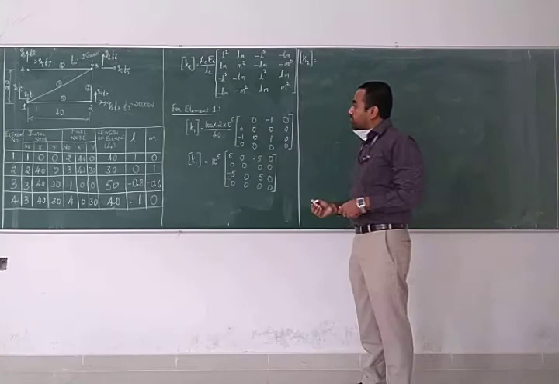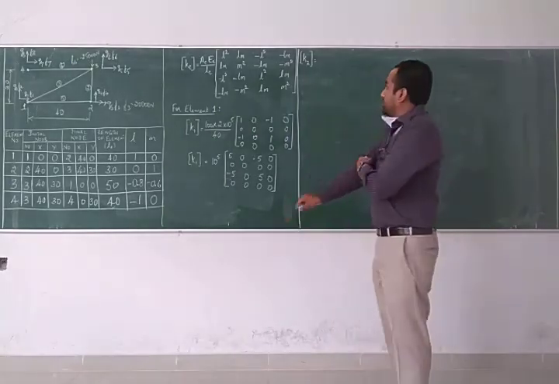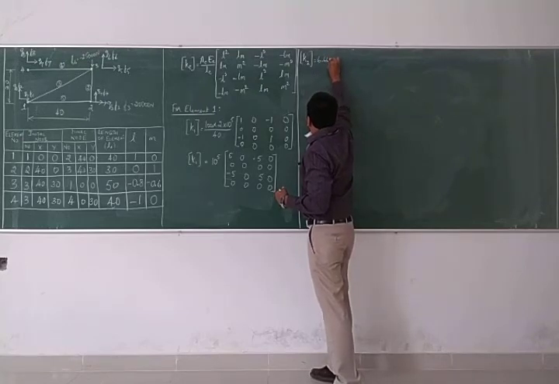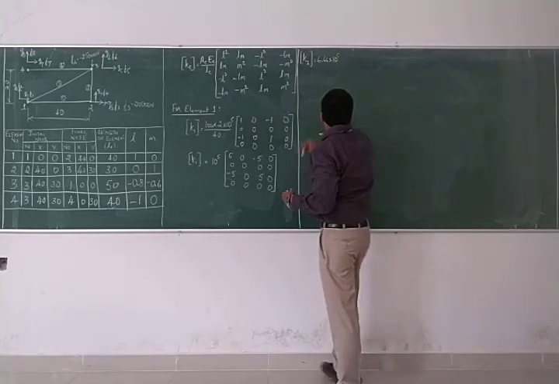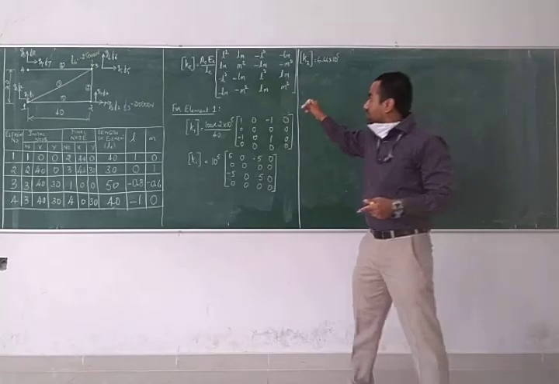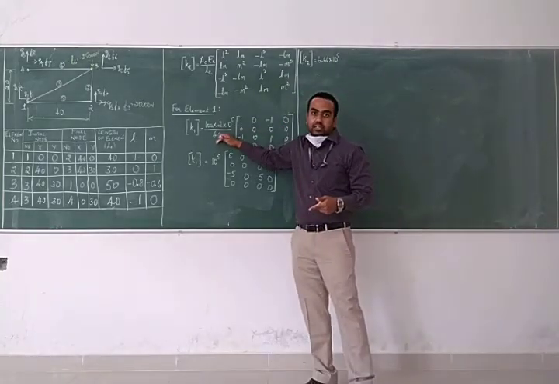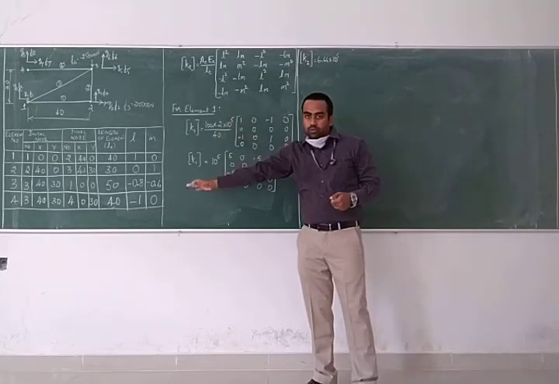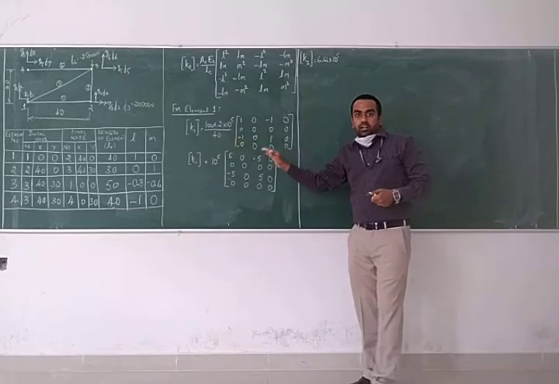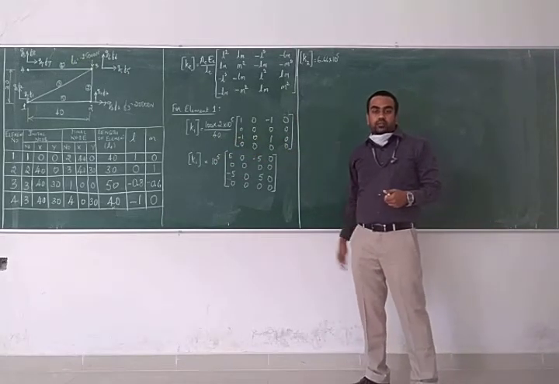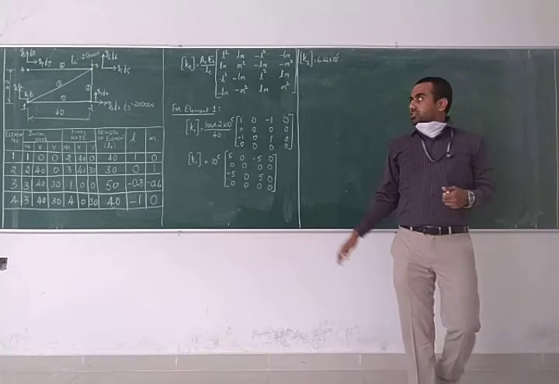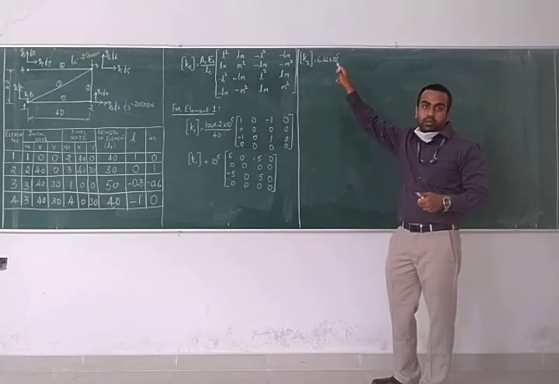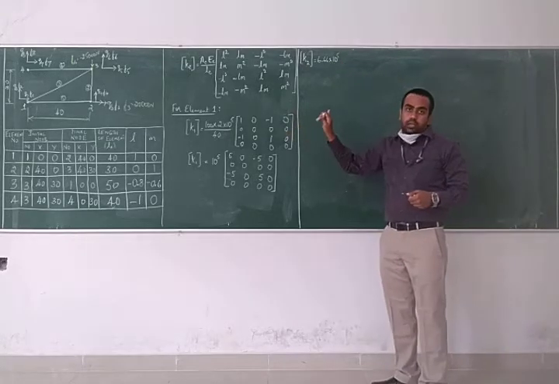So 100 into 2 divided by 30 will be 6.66 into 10 to the power of 5. Remember, this is only to save space. I could have written one extra step, but I need these elemental stiffness matrices further to create the global stiffness matrix. I cannot run out of space in order to calculate the global stiffness matrix. So I am directly putting it as 6.66 into 10 to the power of 5. I hope by now you are able to calculate AE by LE.